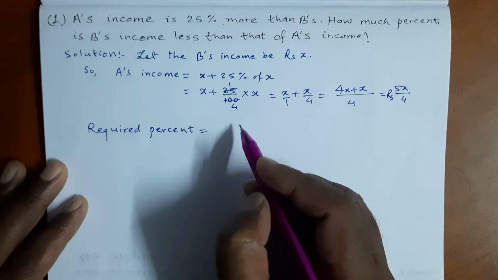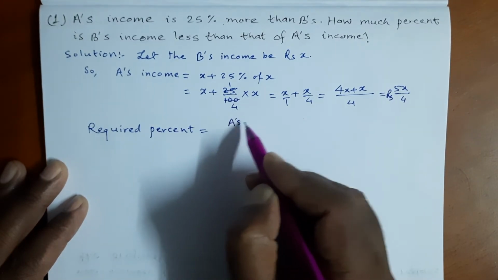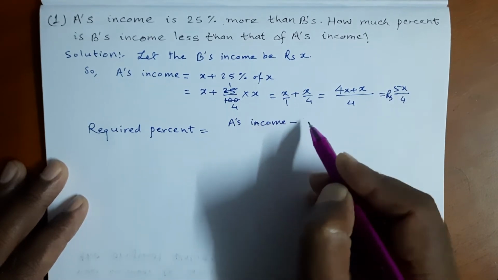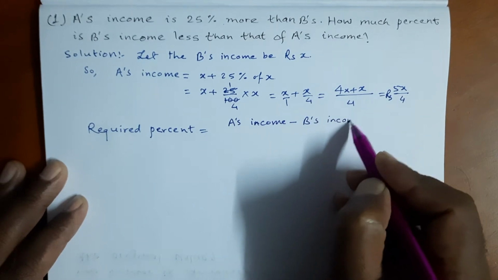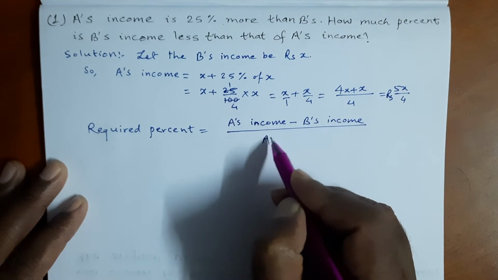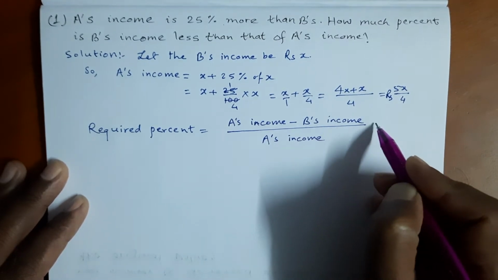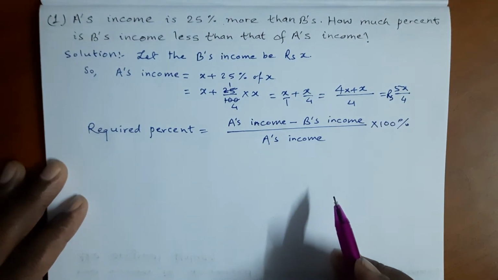Required percent equals, here A's income is more, so A's income minus B's income over A's income times 100%.